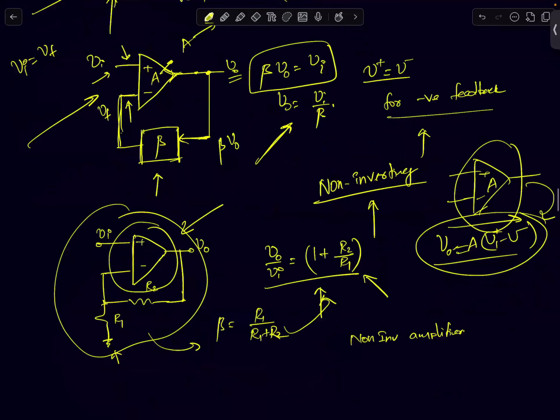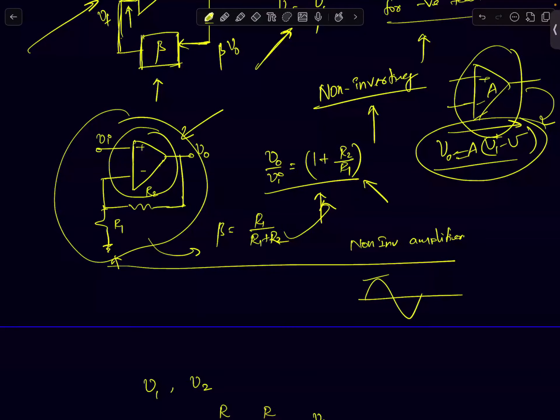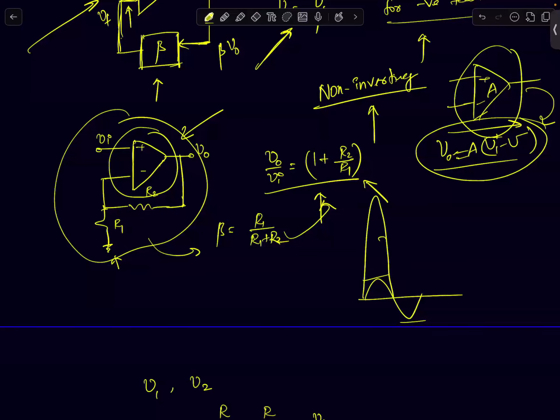So this amplifier is called a non-inverting amplifier because it doesn't invert the input signal. Output and input signal both are in phase. So if I feed a sinusoid of some amplitude, the output signal will be exactly in phase with it. The only difference is that it will be amplified by a factor of 1 plus R2 by R1.